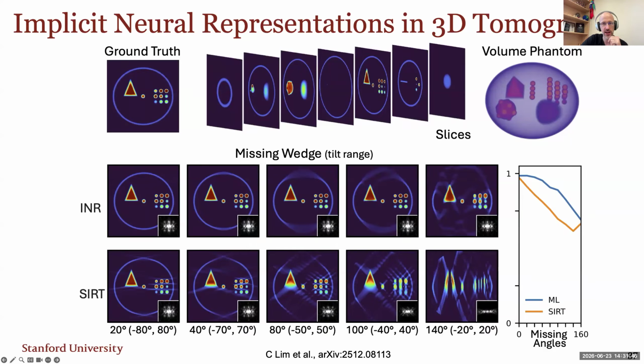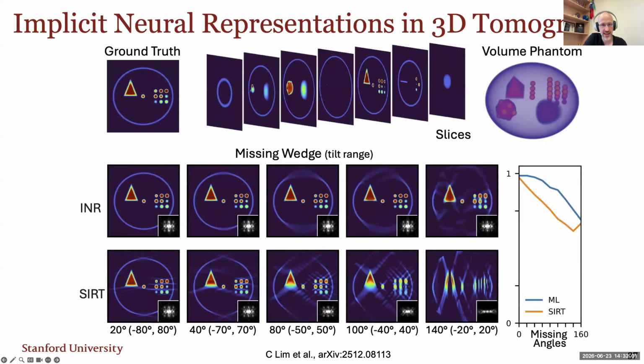This is just an iterative gradient descent tomographic reconstruction based on the radon transform. And so if you tilt from -80 to +80 degrees in the lower left, a 20-degree missing wedge, SIRT gives you a great reconstruction, so does INR.